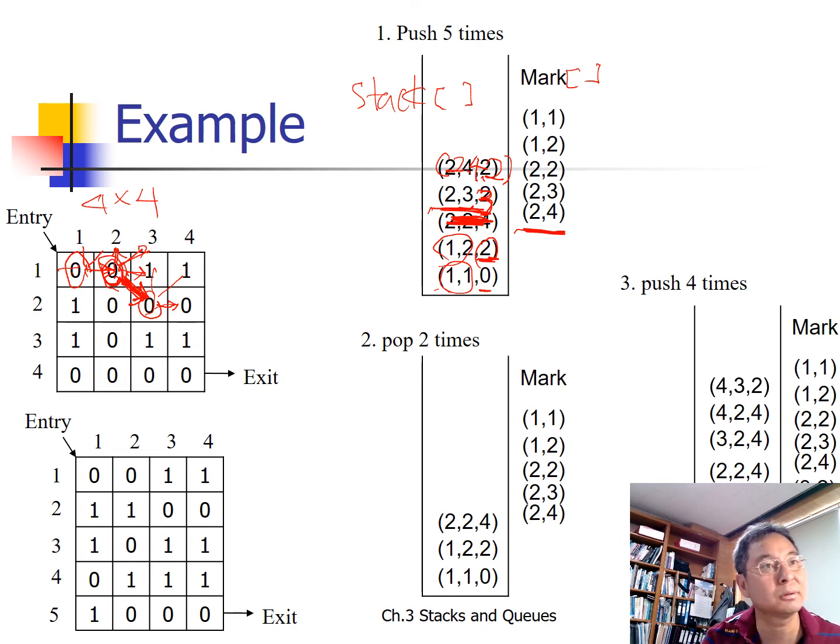No. This 2, 2 is not visited yet. We must delete it. Okay, so this is a correct one. And how many push operations used? 1, 2, 3, 4. 4 push operations are used.